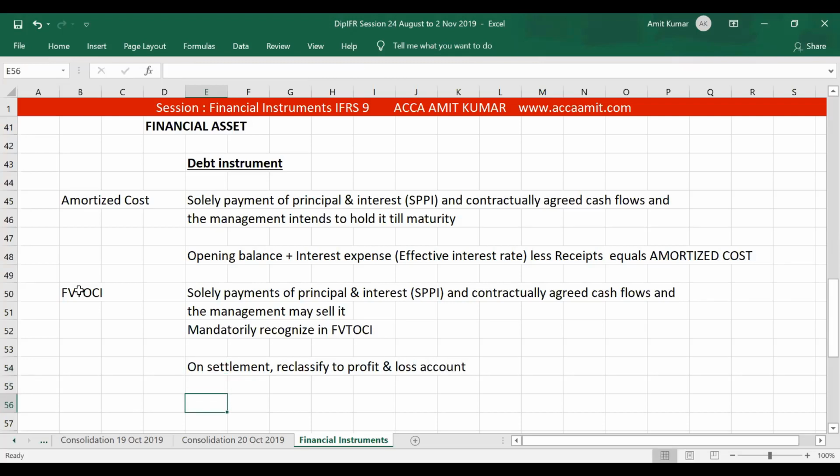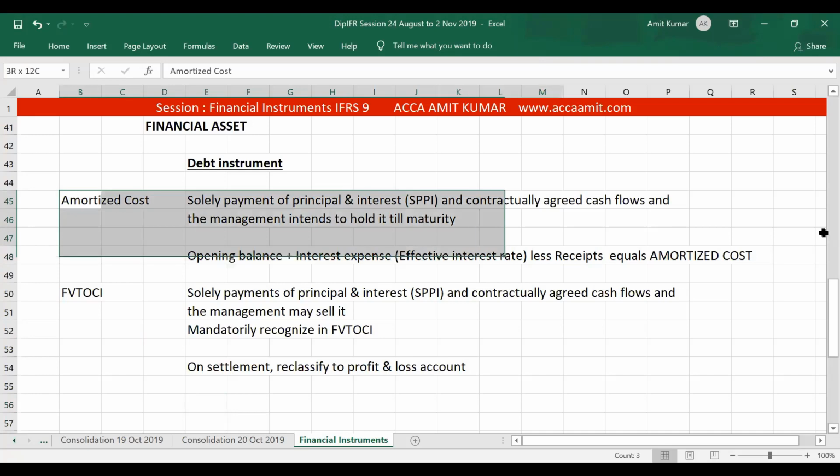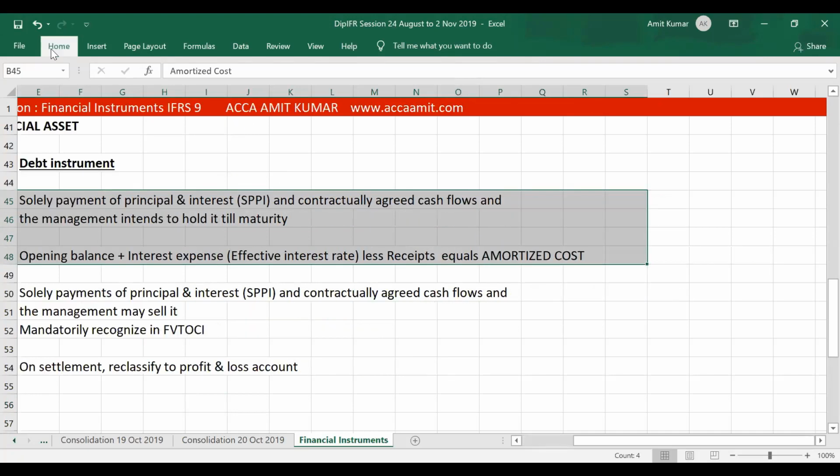I cannot take it directly to equity or retained earnings because this is not an equity instrument. This is a debt instrument. Debt instruments have a gain or loss which should be shown in P&L. Till now, I have been parking it in fair value through OCI because we were not certain. On settlement, any resulting gain or loss should be reclassified to P&L. Agree or not? So this is one way of recognizing it.